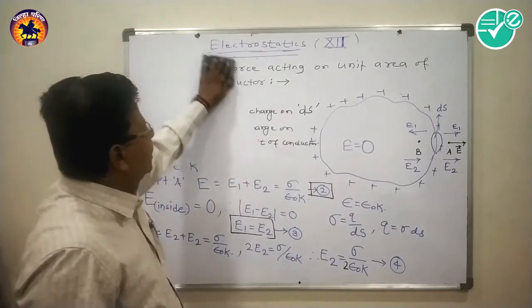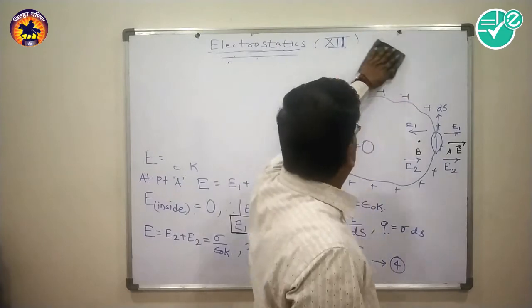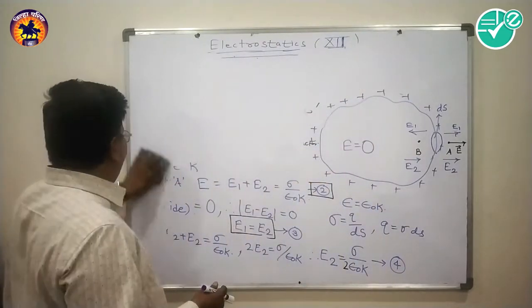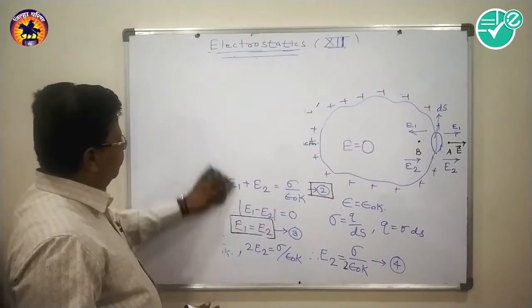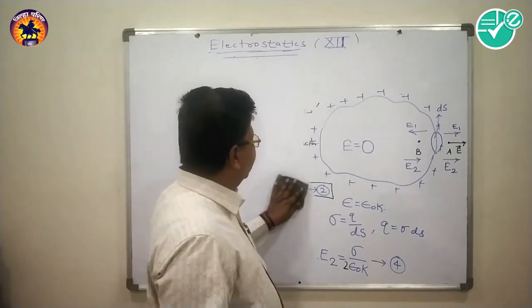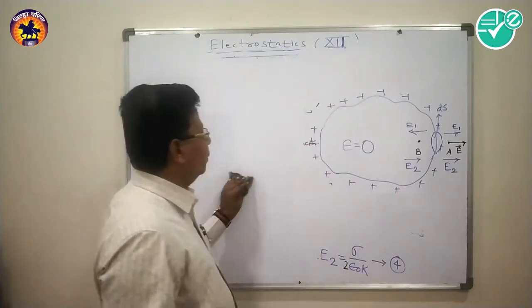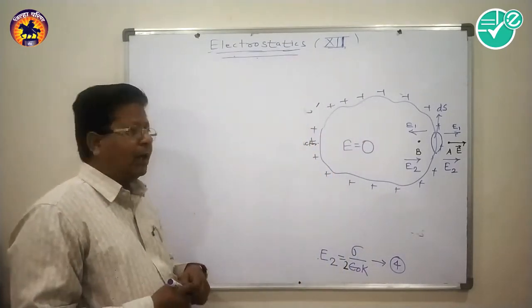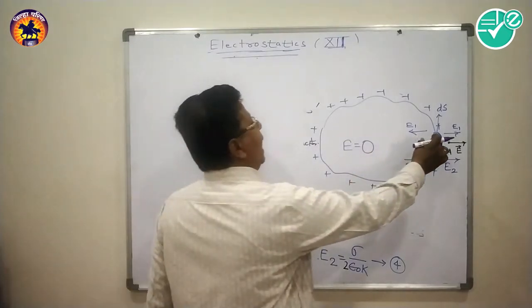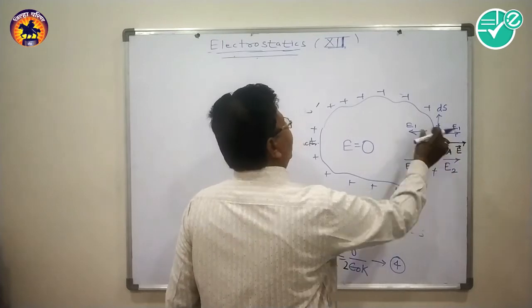As the charge on area ds is positive, and also the charges present on the remaining part of the conductor are positive, then force will act on this area ds.